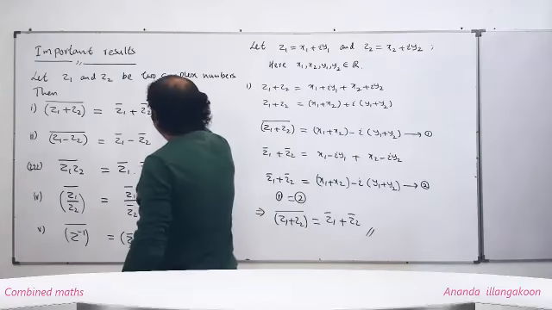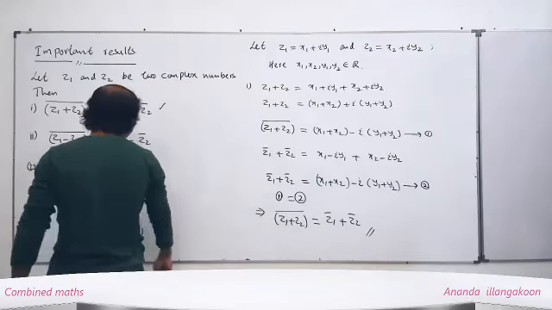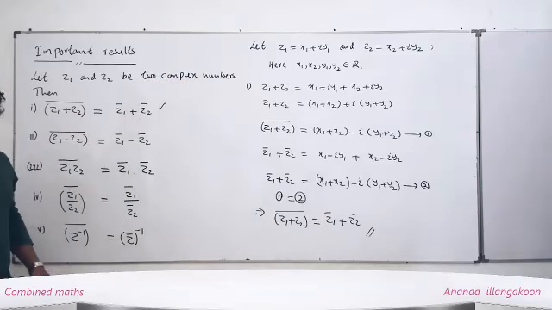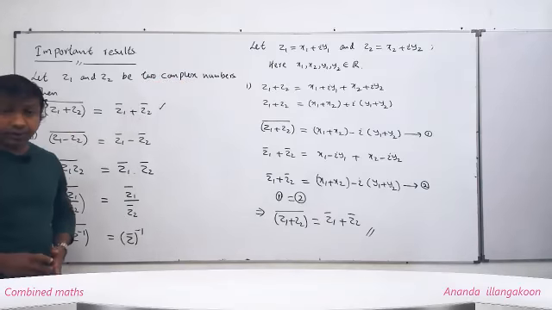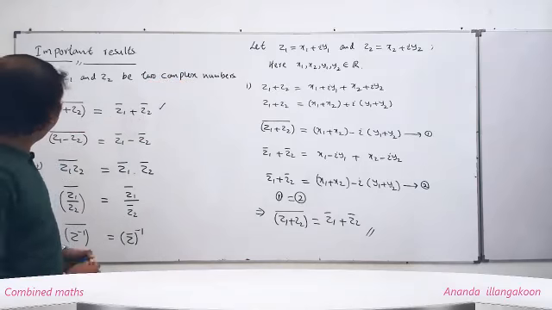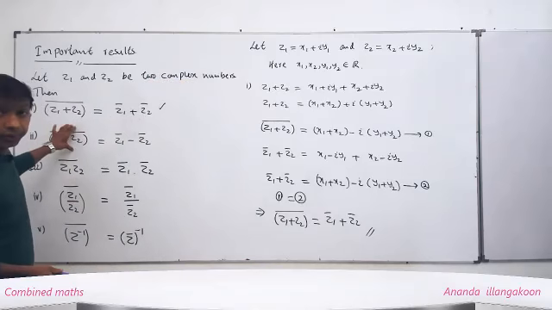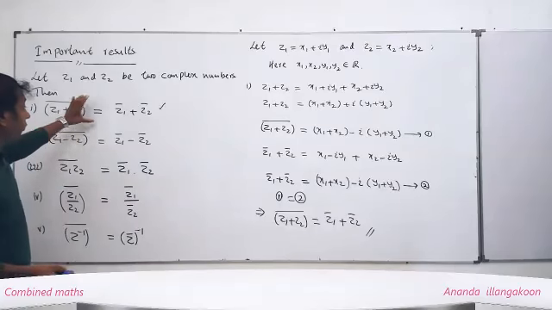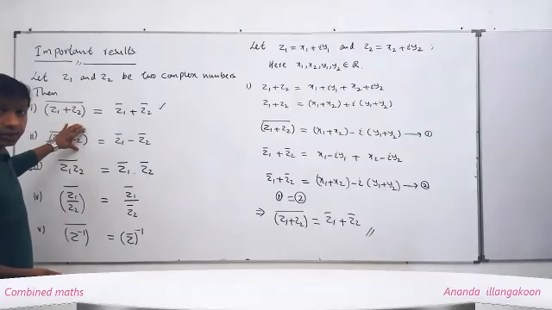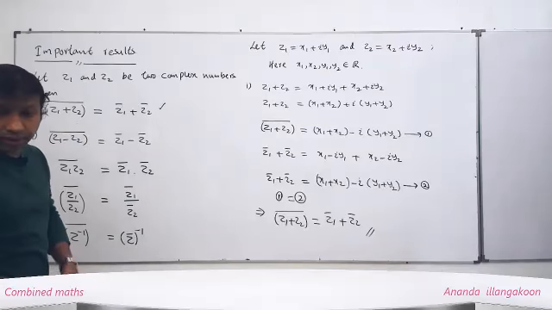The result comes like this. Okay. In that way, people, we can prove this. Right. Now, that is the first proof, and the second one you can do in the same way. I did the first one. The second one you have to do alone. Right. Okay.